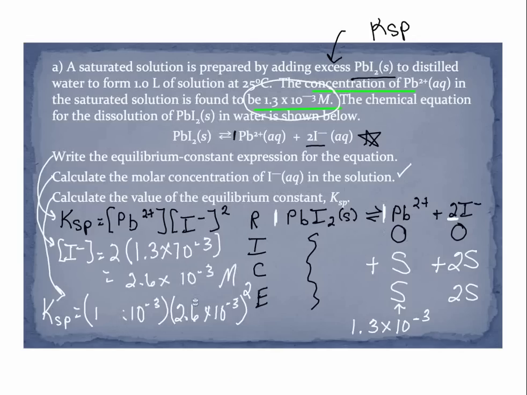So I know that's a tad messy right there. Let me see if I can clean that up for you. 1.3 times 10 to the minus 3rd, that's what was given. So if you do that algebra and you crank it out correctly, or I cranked it out correctly, we'll double check each other, I get 1.79 times 10 to the minus 9th. And we don't worry about units here.